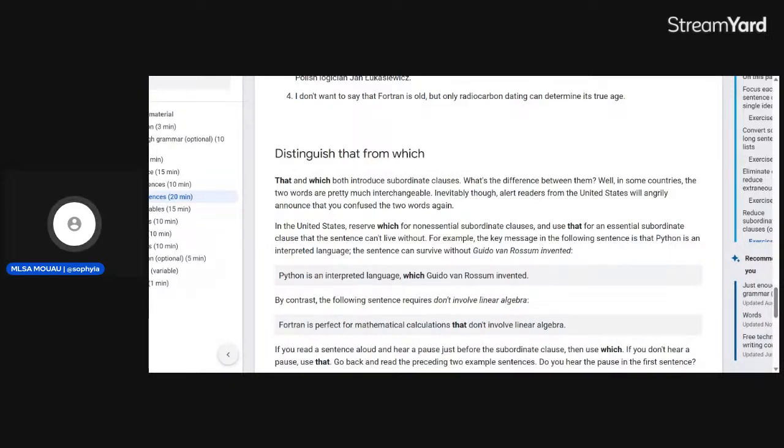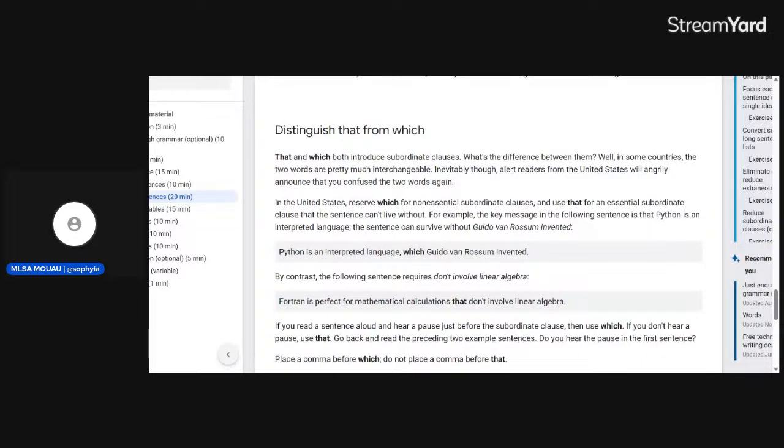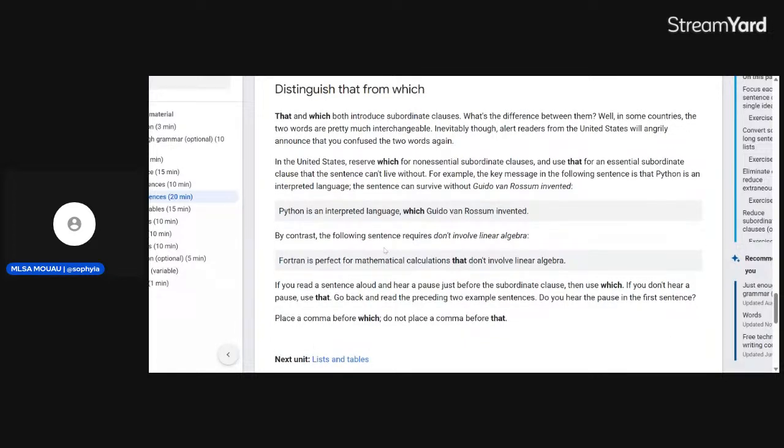When you know the difference between that and which, it will really help you.